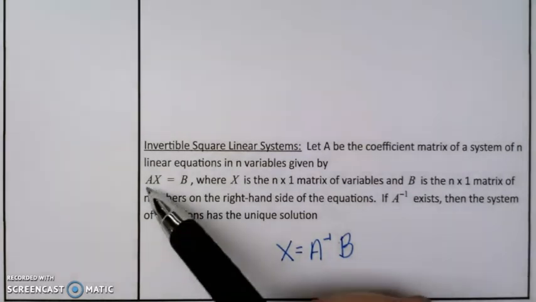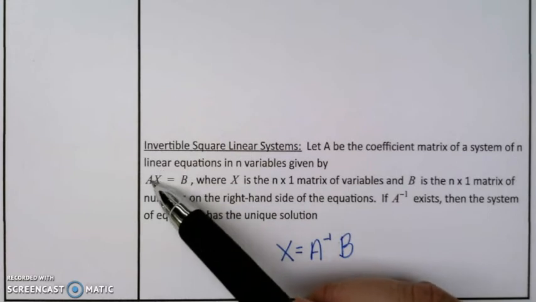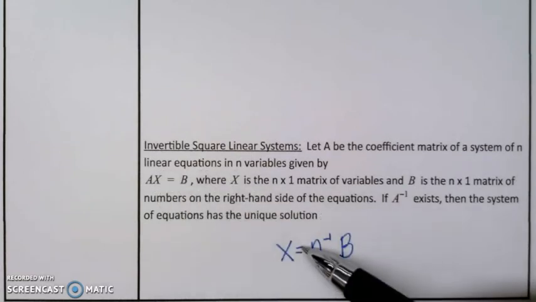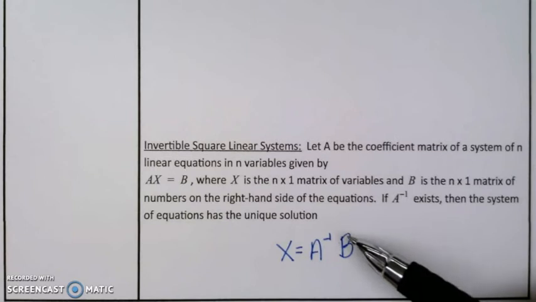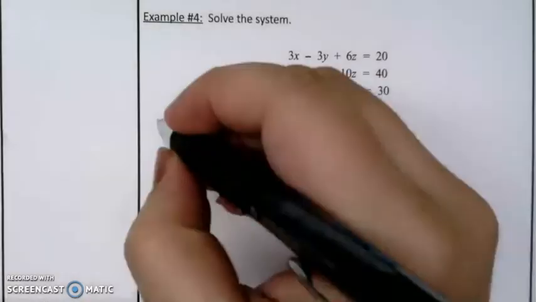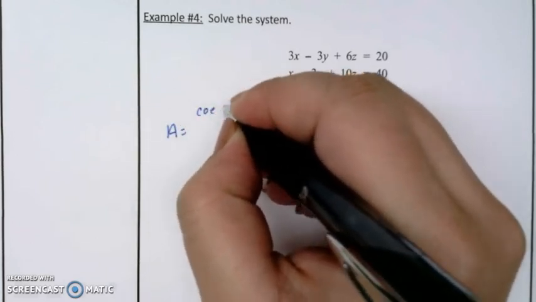Okay, so what this means is we have our matrix of coefficients times our matrix of variables equals our matrix of solutions. Then our matrix of variables equals the matrix of coefficients inverse times the matrix of solutions. All right, now let's apply that. So A is our coefficients.